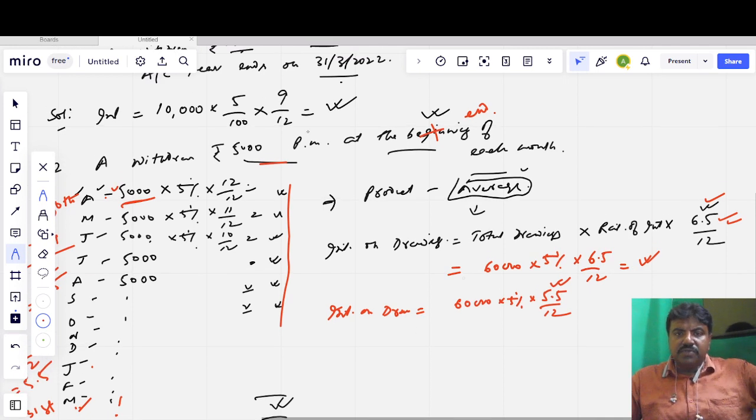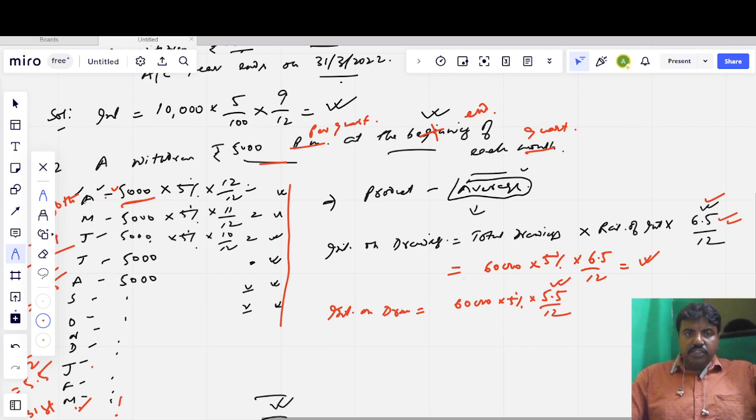Let's change this to 5,000 per quarter, at the beginning of each quarter. We know that a year has 4 quarters. April, May, June is the first quarter. July, August, September, second quarter. October, November, December, third quarter.